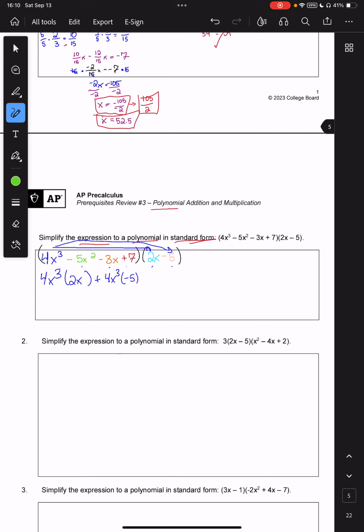So now we did our 4x cubed, we're done. Now we have to multiply our negative 5x squared. So we're going to add our negative 5x squared and multiply it by our 2x. And then we're also going to have our negative 5x squared multiplied by negative 5.